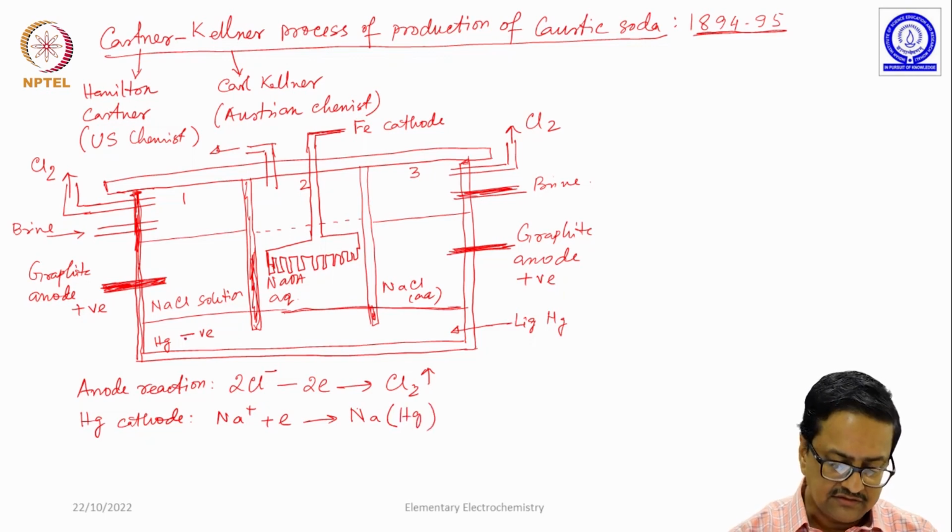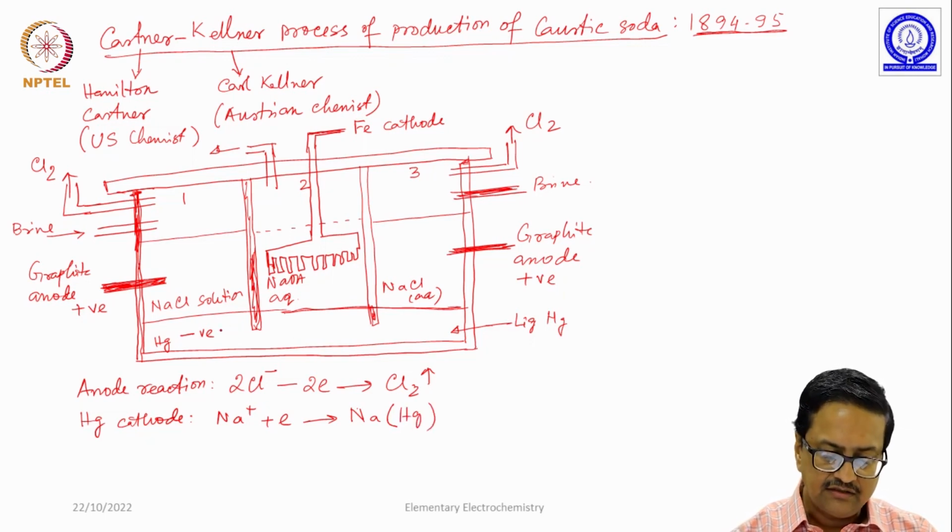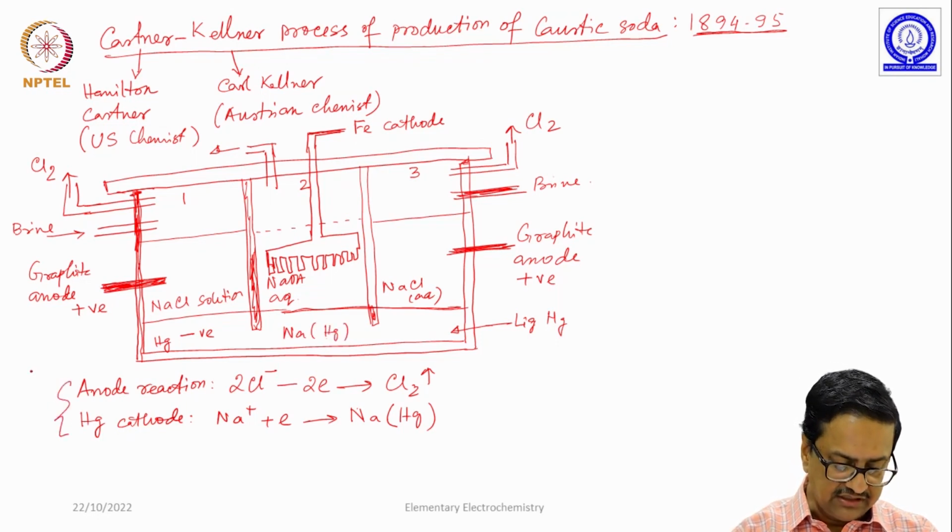So the liquid mercury becomes sodium amalgam. This reaction is happening in the left and right side chambers, that is chamber number 1 and chamber number 3.